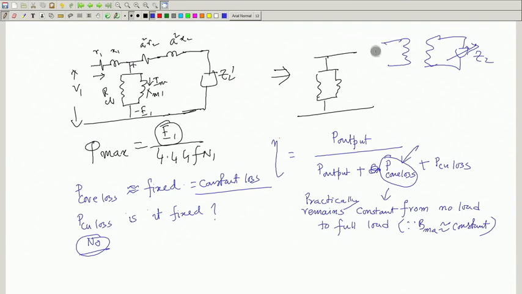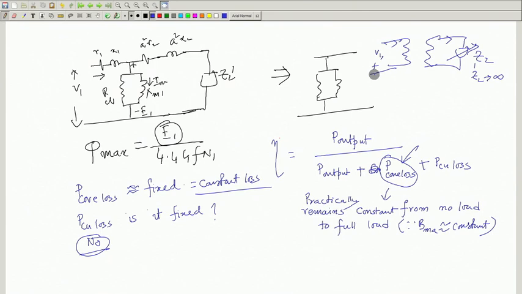Here it is V1, f1, that is fine, open circuit Z2 infinity, switch is open. Then I will load it by decreasing this Z2 and your current will go on increasing, and the ratio of the currents is approximately the turns ratio. Therefore, the level of current will go on changing as you change the load on the secondary of the transformer.